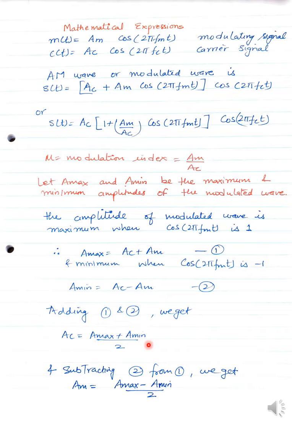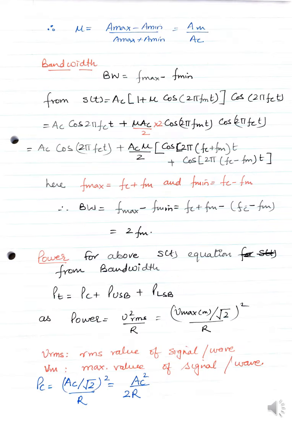If we add them, we get twice Ac, which is Amax + Amin. So Ac equals (Amax + Amin) divided by 2. If we subtract, we can find Am, the relation of Am with these two amplitudes.